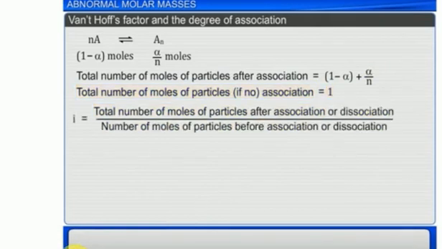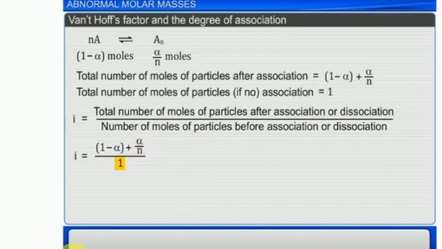Substituting the values of the number of particles in the relation i is equal to total number of moles of particles after association or dissociation divided by the number of moles of particles before association or dissociation, we get i is equal to 1 minus alpha plus alpha divided by n, divided by 1.